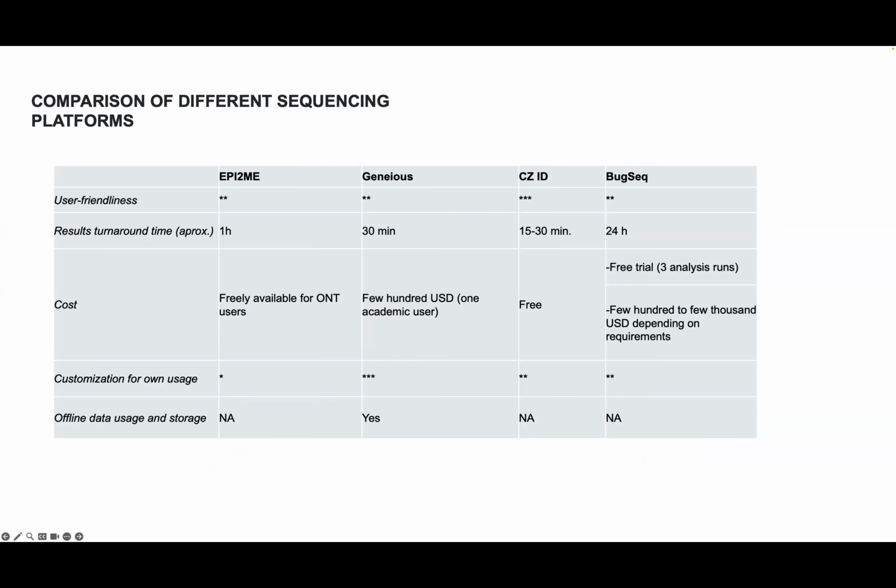So just to give you a quick comparison of the different sequencing platforms, we are going to talk to you today about the EPI2ME software, the Genius software, and the CZID software. The BugSeq we are not going to explain further today because it is quite an expensive software to use. I mean, you've got the free trial for 3 analysis runs, but afterwards it's quite expensive, and it always depends highly on your needs.